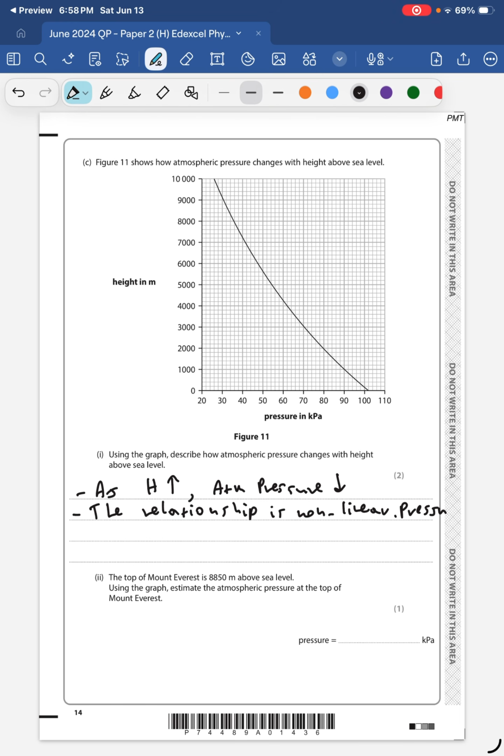So pressure drops more steeply at lower altitudes, and more gradually at higher altitudes.